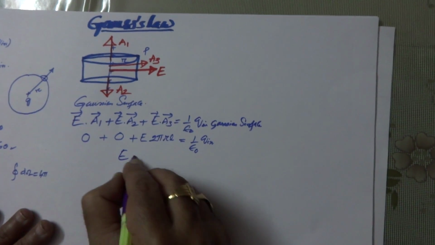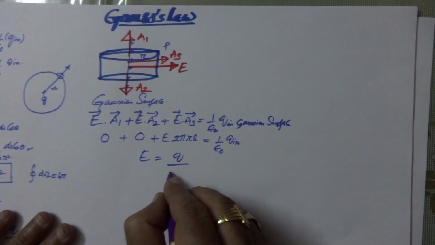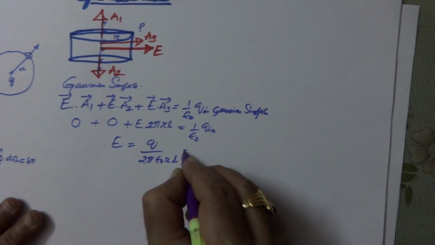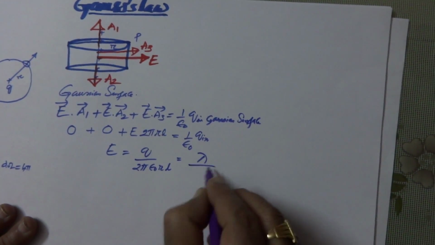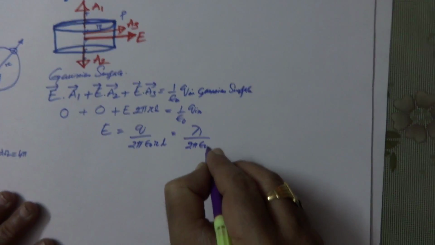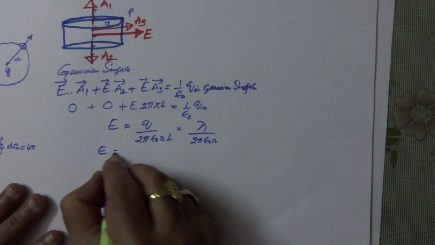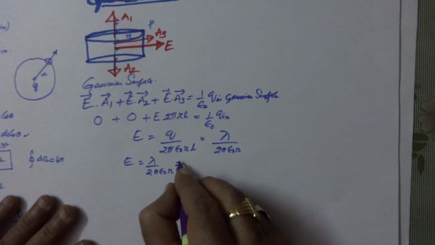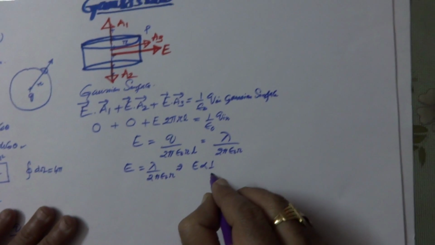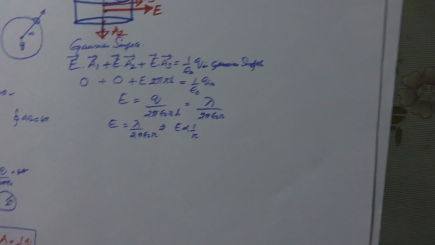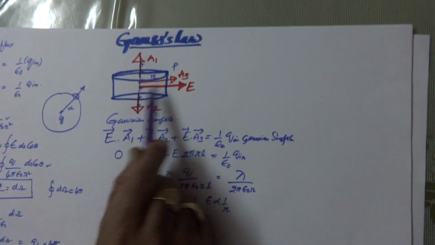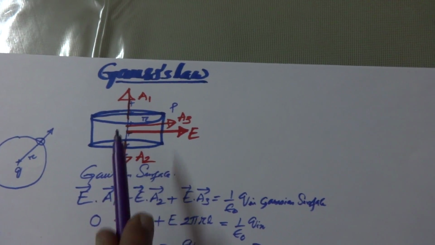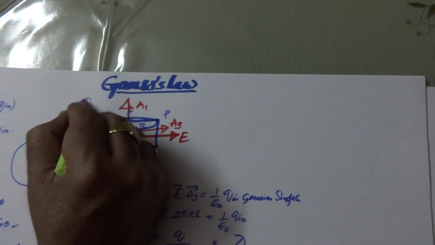Now E is equal to Q by 2 pi epsilon naught r L. But we know that Q by L is only lambda, therefore E is equal to lambda by 2 pi epsilon naught r, which implies E is inversely proportional to r. So with this it's very easy to calculate the electric field at any point by imagining the Gaussian surface. So this is our first application.